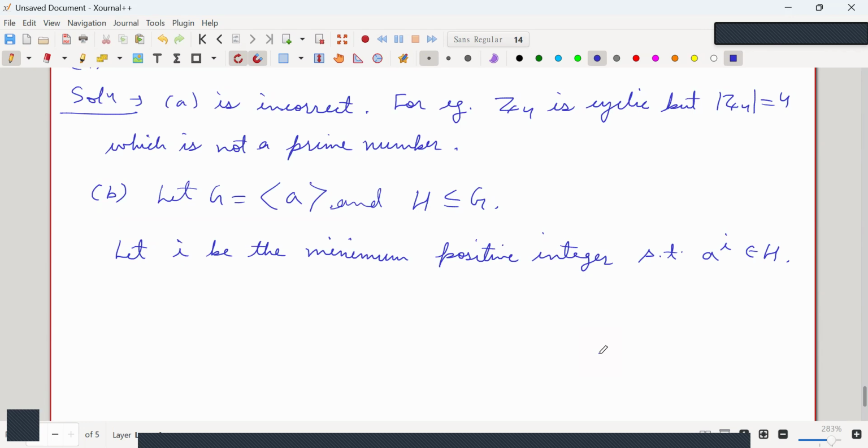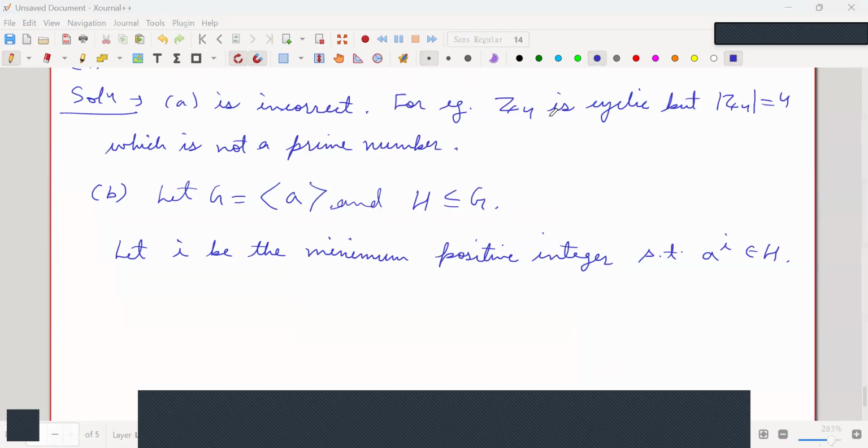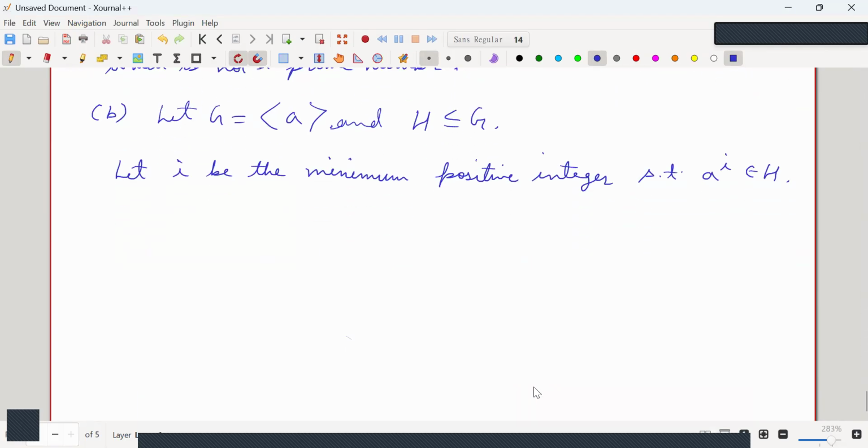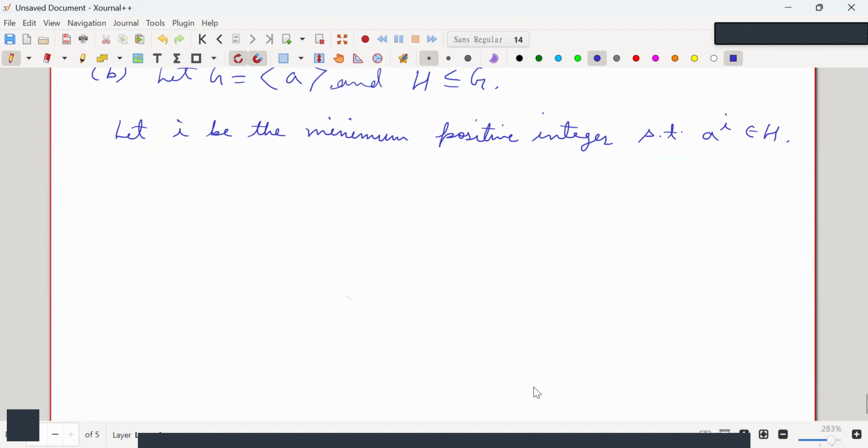But if we just look at the positive powers, then there should be some minimum index I for which A^I belongs to H. Okay. So this minimum index exists because every set of positive integers has a least element. So we can take this I to be like that.